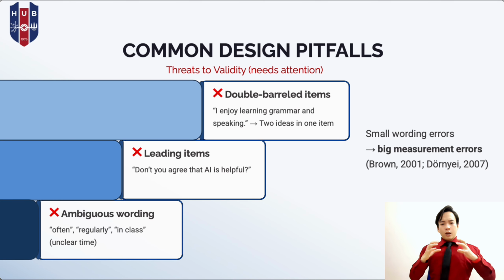The moment we suggest the right answer, participants may feel pressure to respond in a certain way. Finally, vague terms like often can mean different things to different learners. By forcing respondents to guess, we weaken the accuracy of our data. So wording must be crystal clear and neutral to protect research quality.